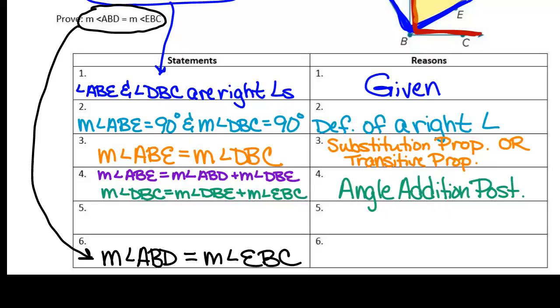All right, one more statement, two more reasons. I want ABD on the left. In step 3, I have ABE on the left. But what do I know that's the same size as ABE? What did we just write in statement 4 that's the same size as ABE?